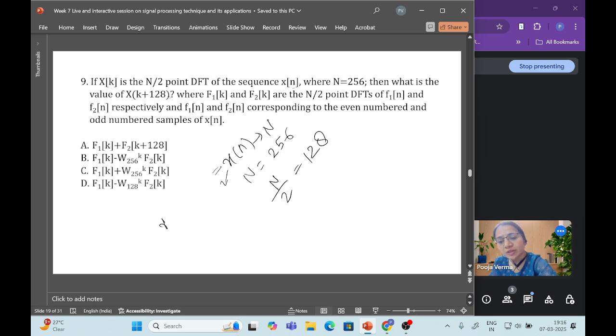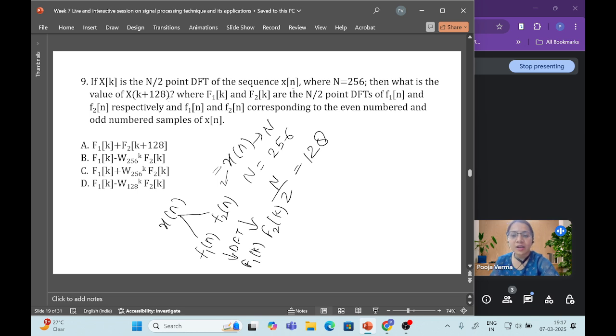So similarly, they are saying x(n) is divided into N by 2 points, that is f1(n), f2(n), and their N by 2 point DFTs are F1(k) and F2(k). Corresponding to the even numbered and odd numbered samples, this is even, this one is odd. So what will be X(k plus 128)?